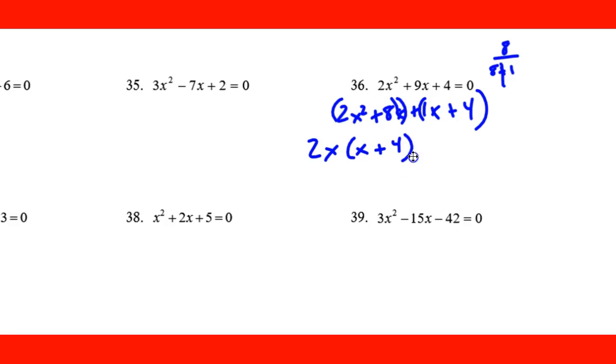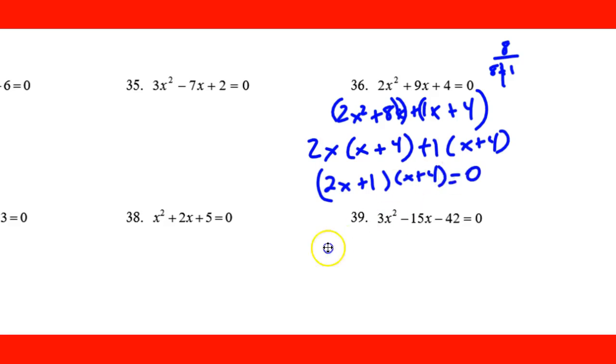And then if you take out a 1, you're left with x plus 4, right? So you have 2x plus 1, and you have x plus 4.